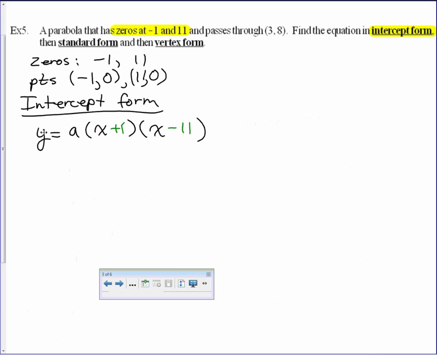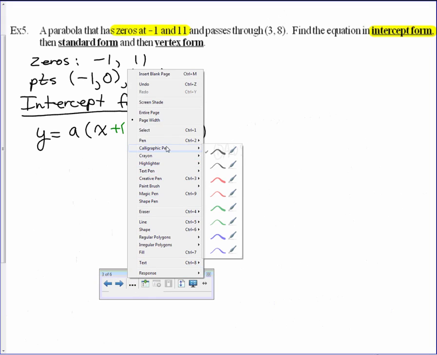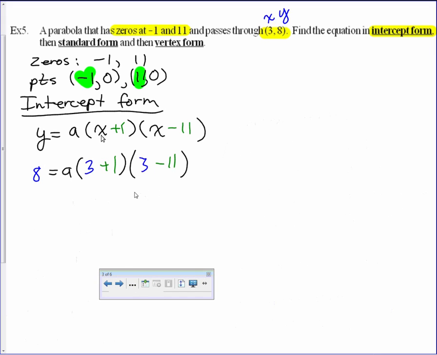So now, when we do our substitution, we get something that looks like this. When we substitute the x and y into our equation, we have 8 equals a(3 + 1)(3 - 11). Now you have to remember, if you can't remember that x and y are the 3 and 8, just write over top on your sheet and then plug it into your equation.